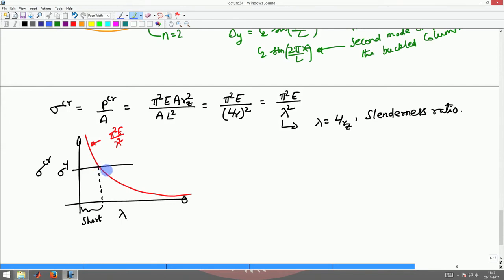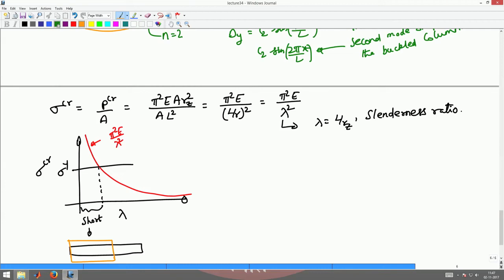Once you cross this point, the mode of failure is governed by buckling, or the stability-induced failure, wherein the uncontrolled lateral deformation will govern this failure mode. Okay. So, this is what you have to understand. In a short column, if I have a bar, it will compress axially and it will fail in this mode.